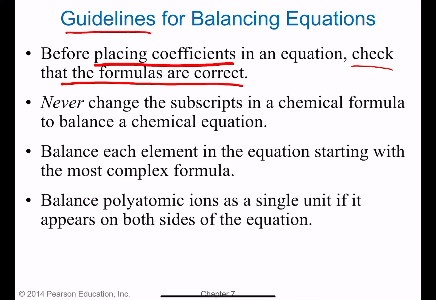If we give you a chemical reaction as a sentence, and you have to write the formulas from the names, which we talked about in a previous video, make sure those formulas are actually correct before you begin, because if your formulas are incorrect, I guarantee that balancing will be near impossible.